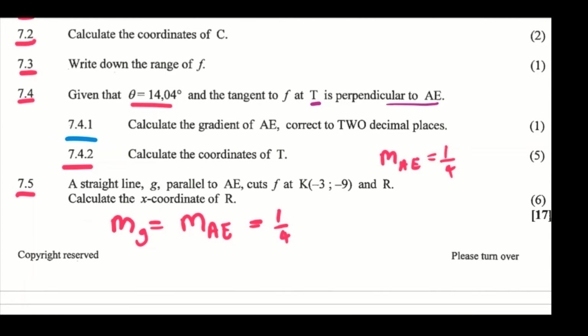So now we know the gradient of the straight line, and we are told that it cuts f at K, which is minus 3, minus 9. So this is the point where the graph of G cuts the graph of f, right?